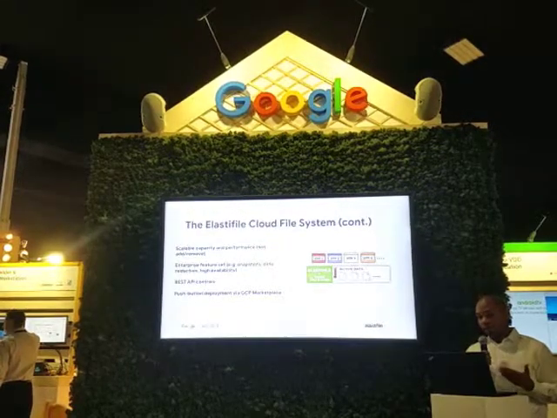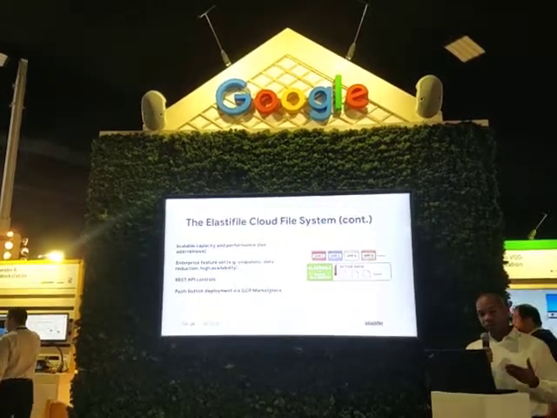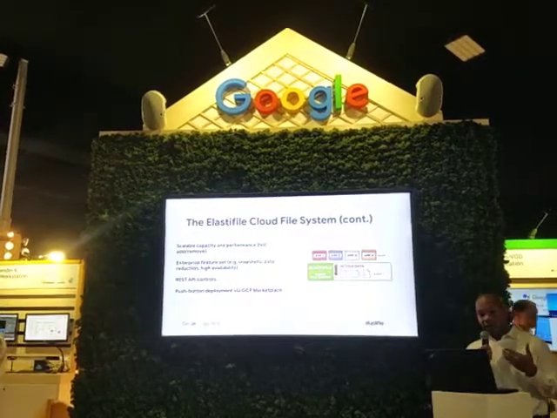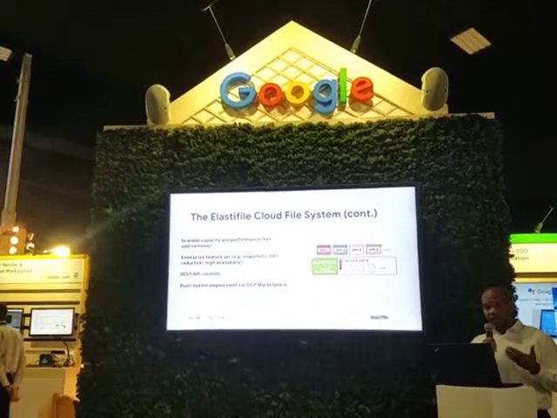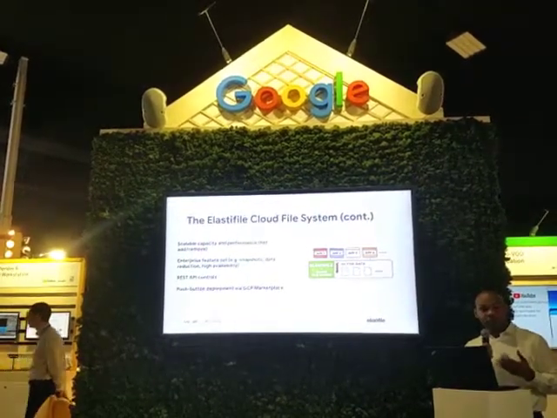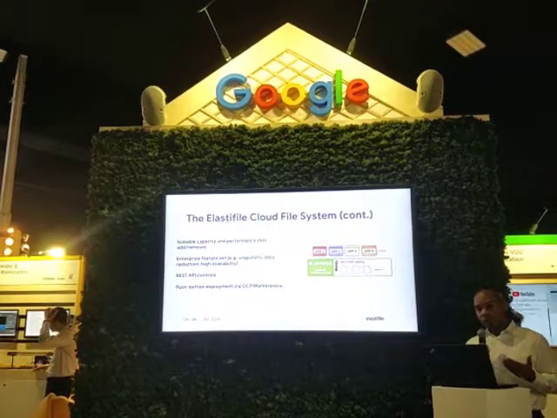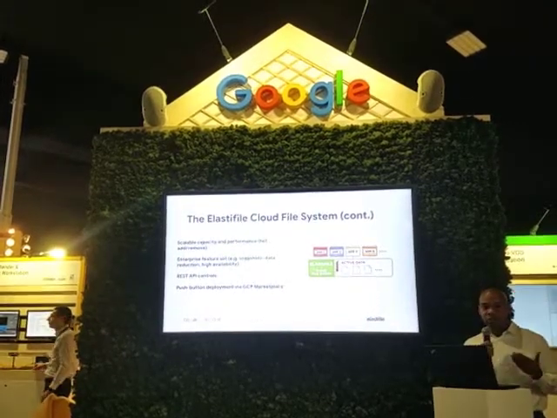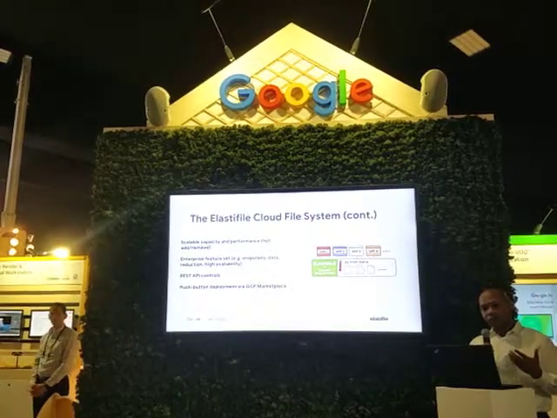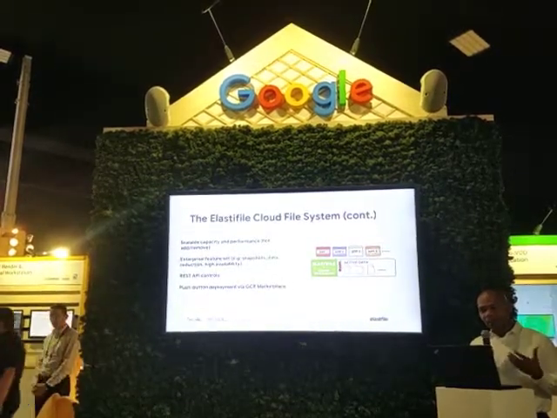We also have REST API controls, so everything that you can do through the Elastifile UIs, you can also do through REST APIs to provide automation, leveraging things like infrastructure as code via Terraform or Ansible as examples. And you can deploy Elastifile with a push of a button through the Google Cloud Marketplace. You can go to Marketplace today, search for Elastifile. You can say, I want to deploy 500 terabytes of storage on SSDs for my transcoding workflow.